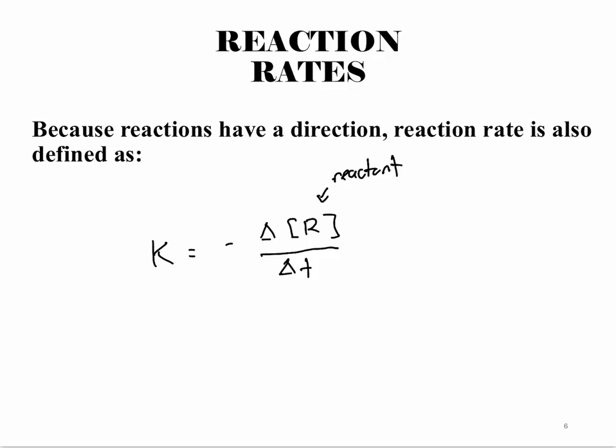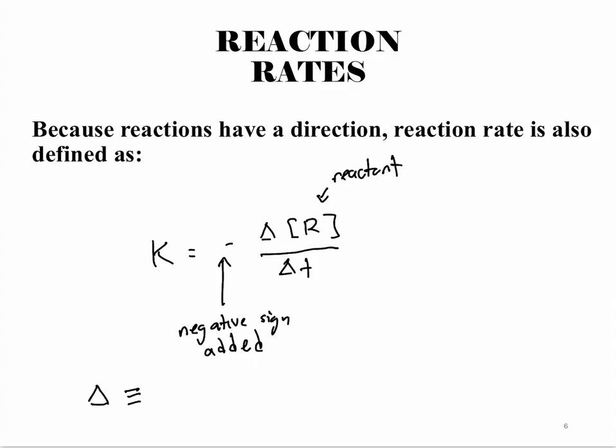We have to add this negative sign here, because of what delta means. I should have mentioned before that these three lines just mean defined as, or the definition of. What does delta mean when we use it in physics?